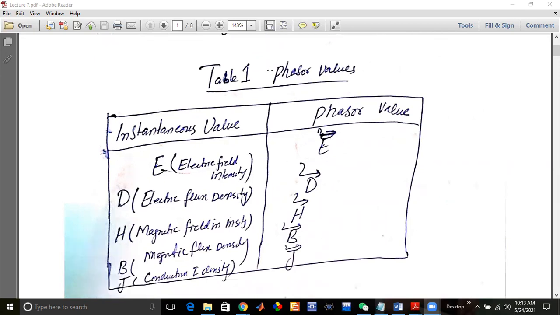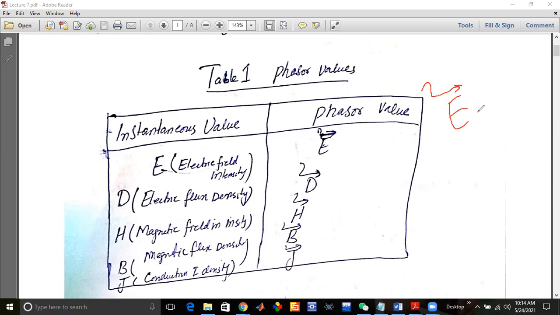In standard books, by standard book we mean the book of optical fiber communication, which is our core book, they follow some notation for phasors. When they want to show the phasor value, for example the electric field intensity, they write an arrow above it.